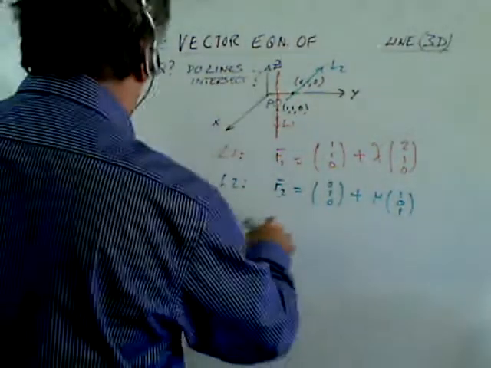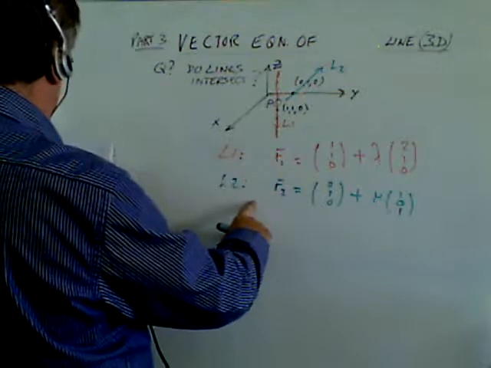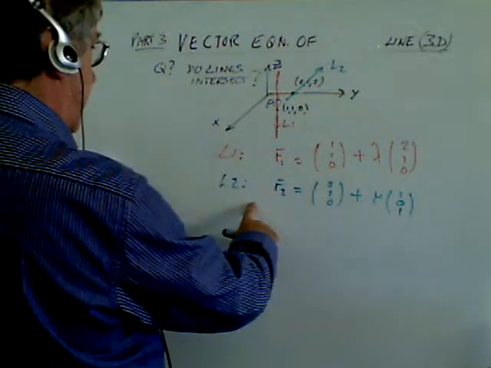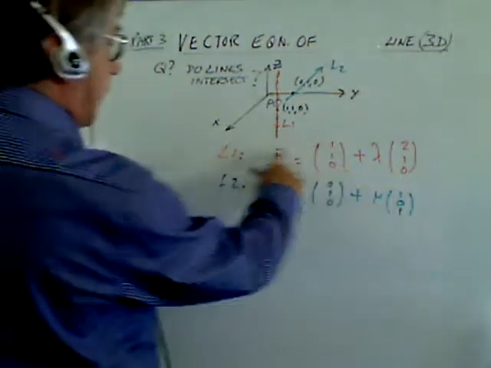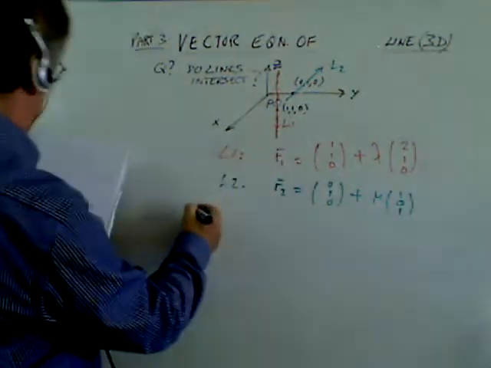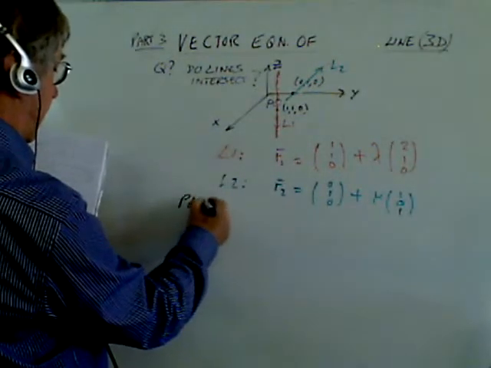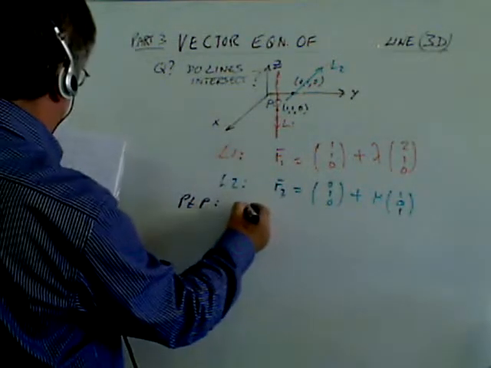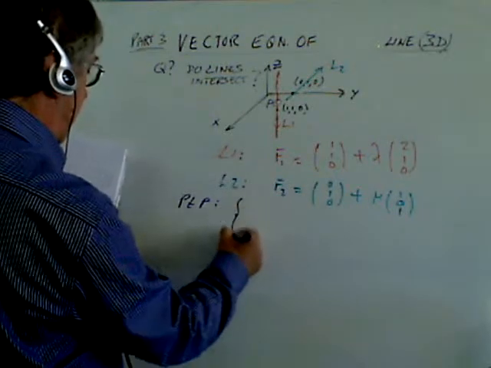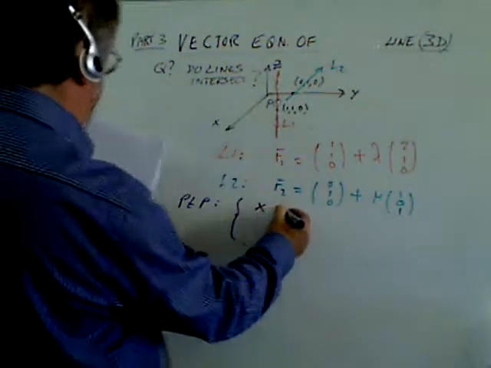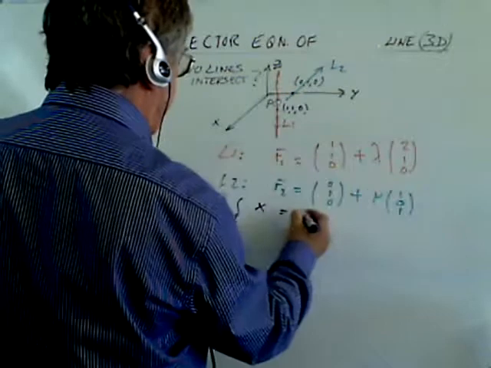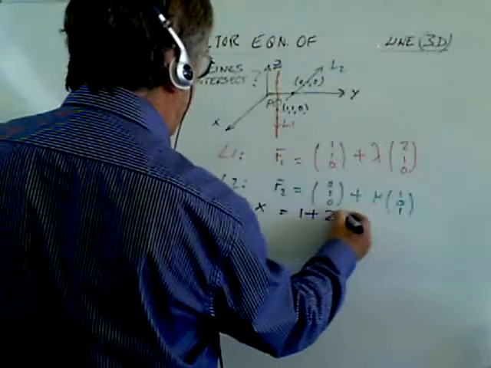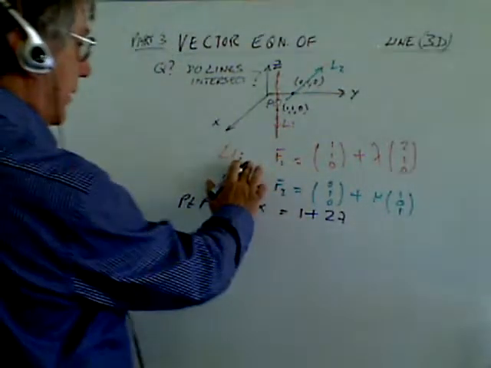So if I take line 1, if I look at the x coordinate of this point P, so we assume there is a point P, its x coordinate is going to be 1 plus 2 lambda from line 1.